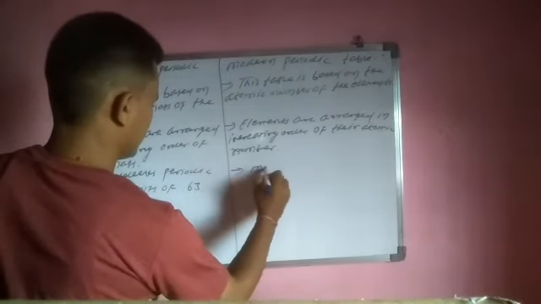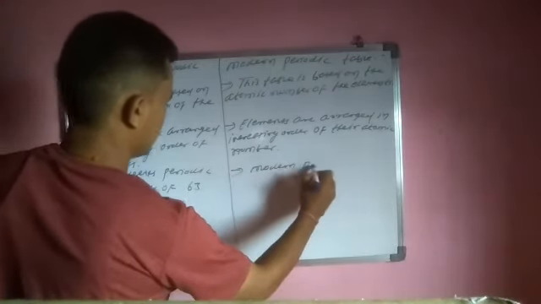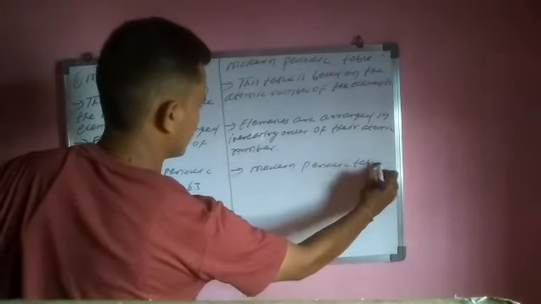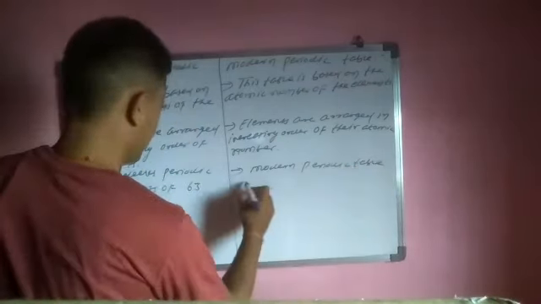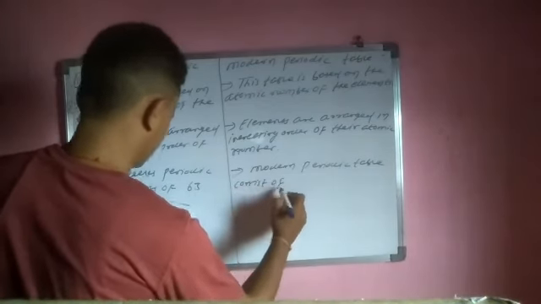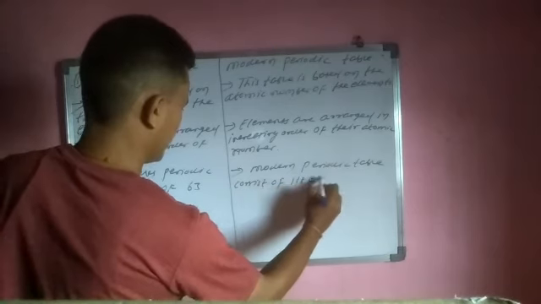Modern periodic table consists of 118 elements.